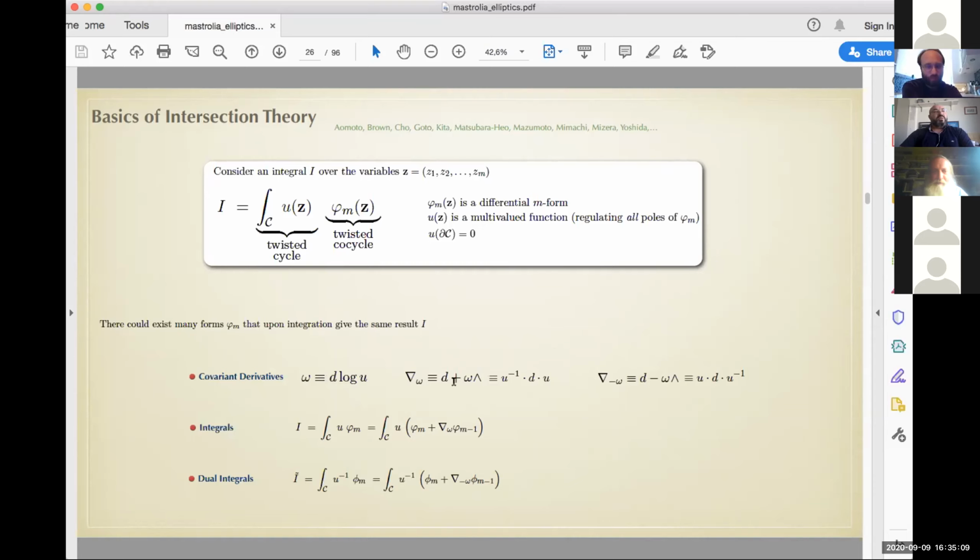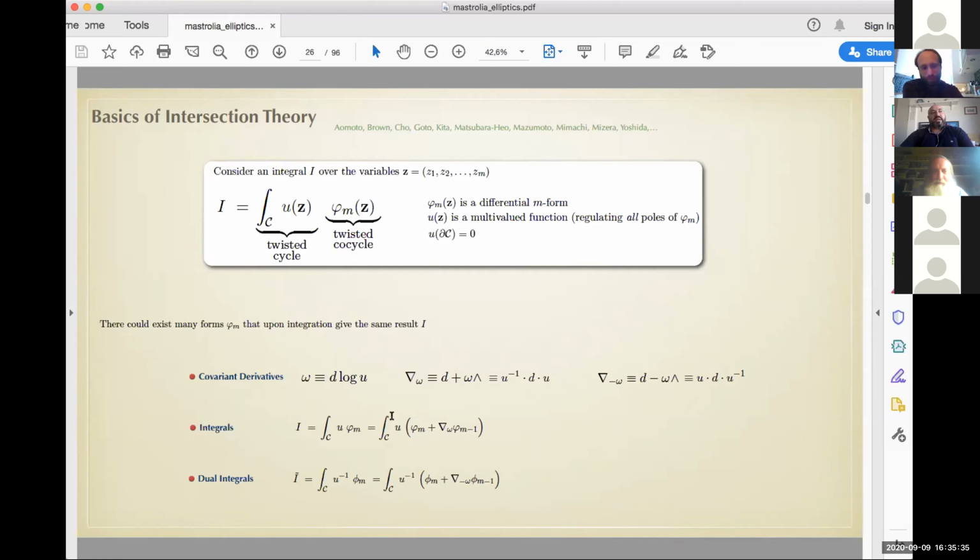Owing to these two definitions, we can identify two equivalence classes, in particular for forms that differ by a covariant derivative term. In this respect, it becomes natural in this context to play with integrals and the dual integral that differ for the role of the multivalued function u.